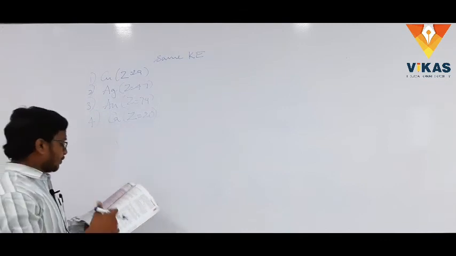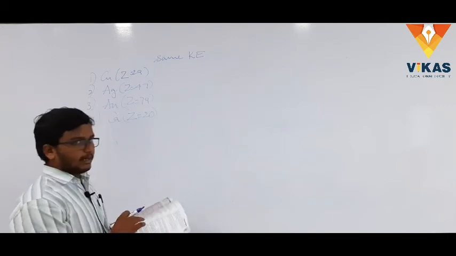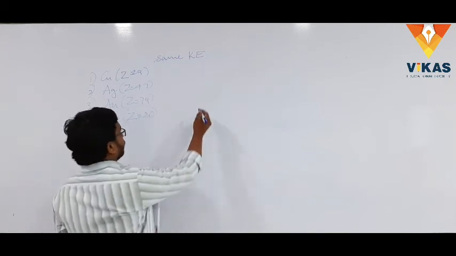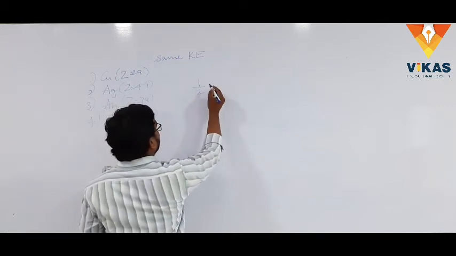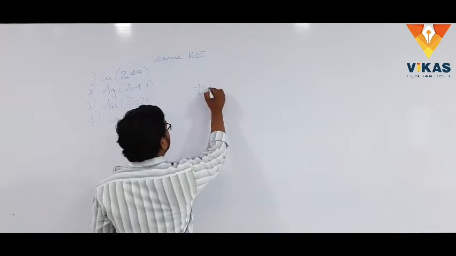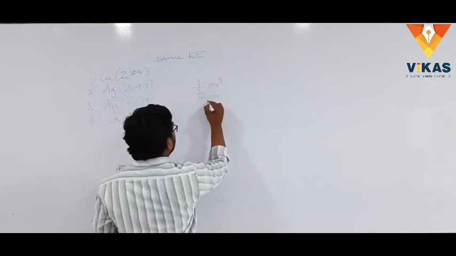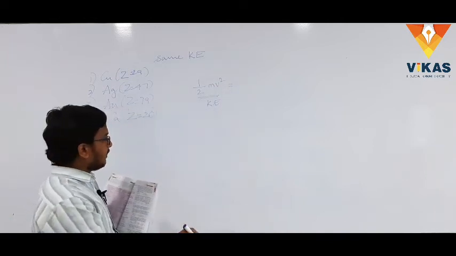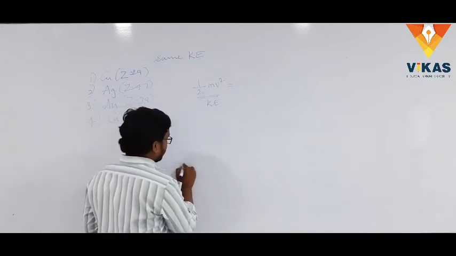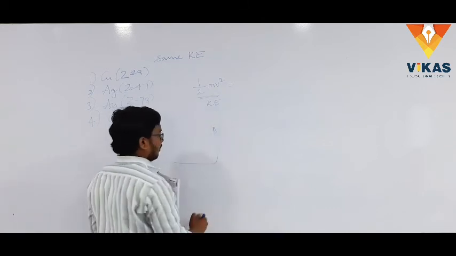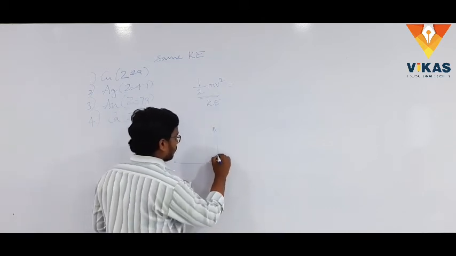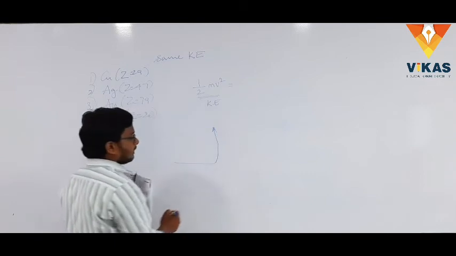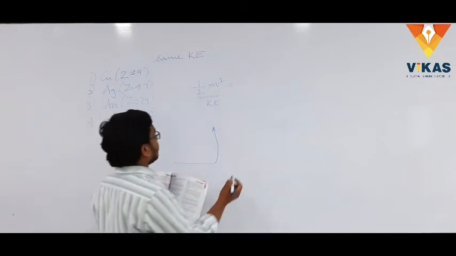So alpha particles are projected towards the following metals. For the distance of closest approach, we have the formula: the kinetic energy, half mv square, is equal to the potential energy, where the alpha particle is almost deflected, where kinetic energy and potential energy are equal.